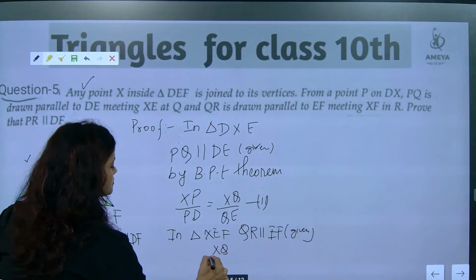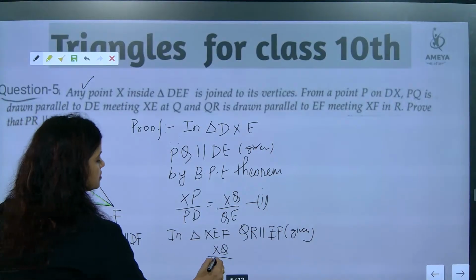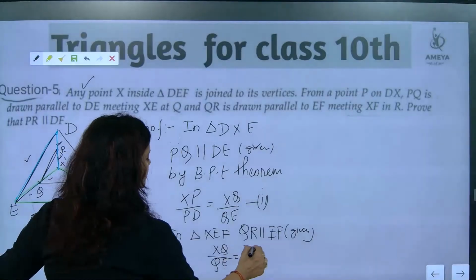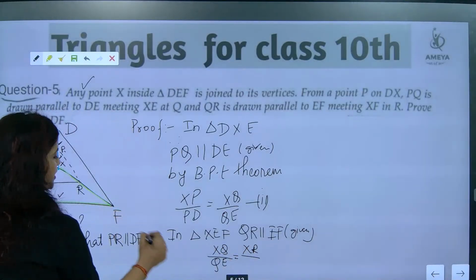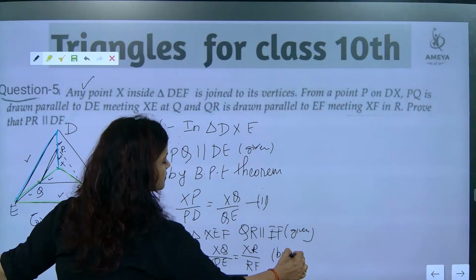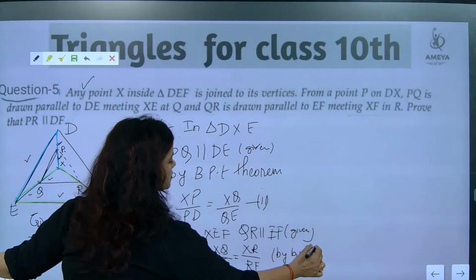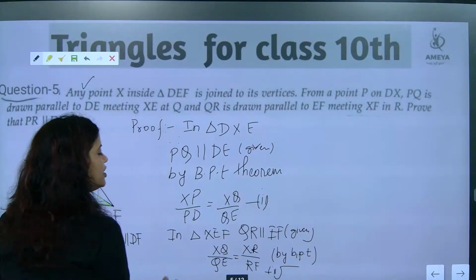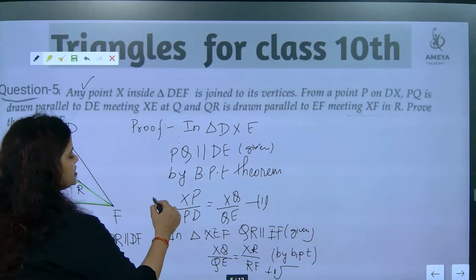So now beta directly we can write what? XQ by QE equal to XR by RF by BPT theorem. So by BPT this will become what beta? Equation 2. Now can you see anything common between this equation and this equation?